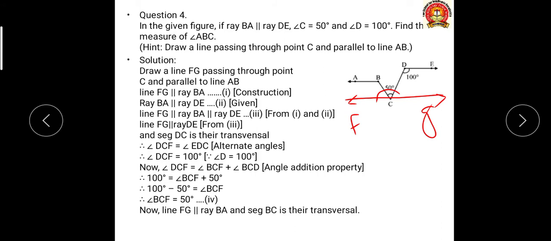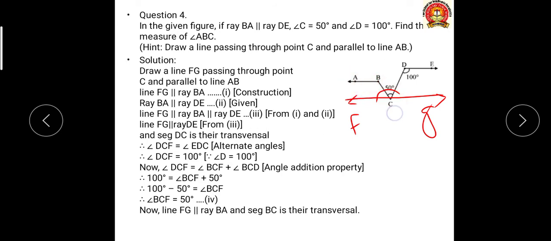Now DCF is equal to 100 degrees. What is DCF? DCF is equal to DCB plus BCF. So your DCB is 50 and therefore your BCF is equal to 50 degrees. Now angle ABC is the interior angle of angle FCB.